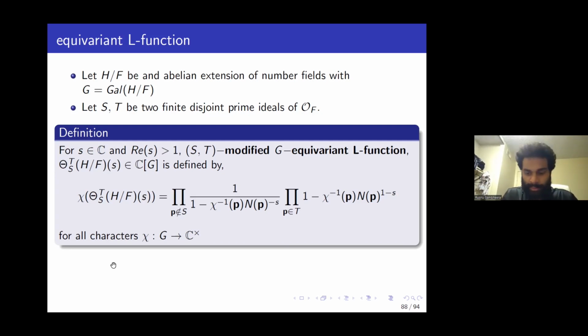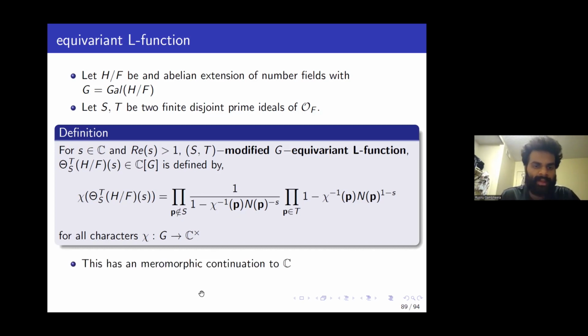For this talk, you don't need to understand the notation or the details. All the time you should think about what information this object carries. What information does this G-equivariant L-function carry? It carries information coming from the primes of the number fields, analytically defined, and it spits out group ring elements, which means elements that have something to do with this group of symmetries. That's all you need to know.